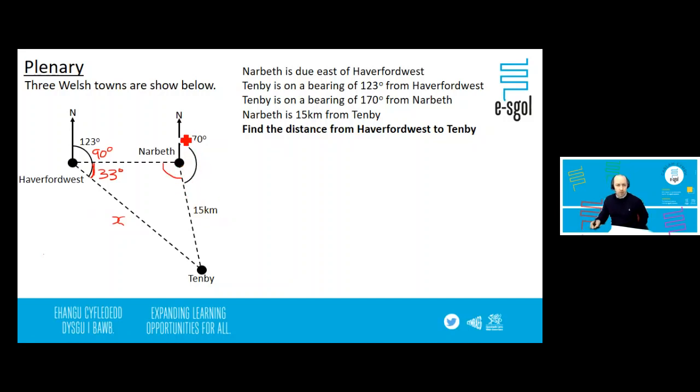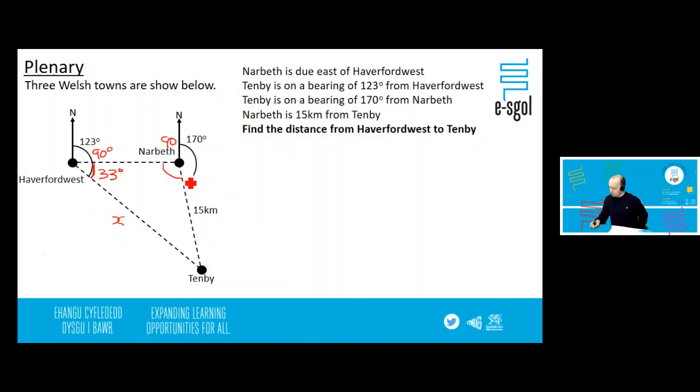But then I also know the bearing from Narberth to Howth West is a westbound bearing, because it's the opposite of Howth West to Narberth, which was an eastbound bearing. So this one here I know is also 90, because that makes up a right angle between the north arrow and that line.